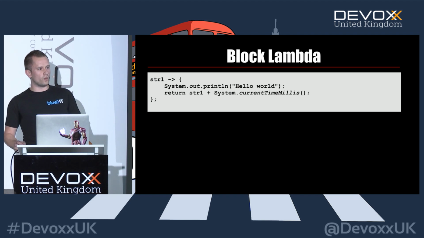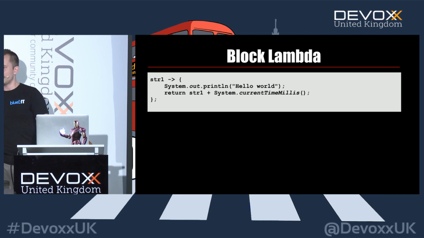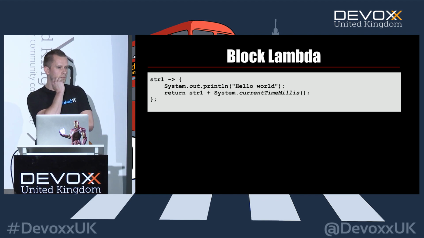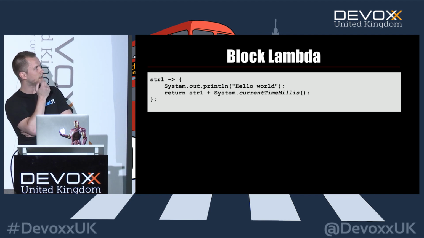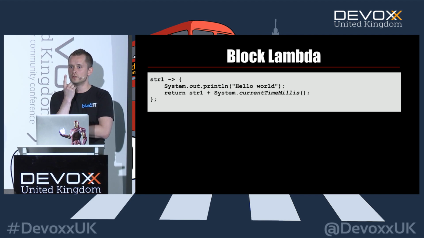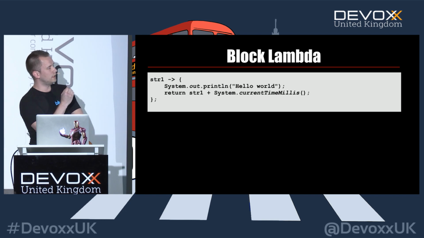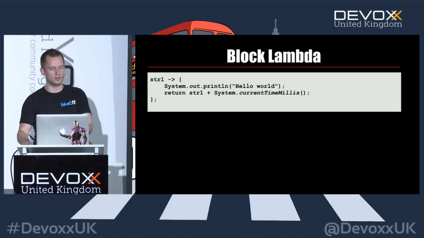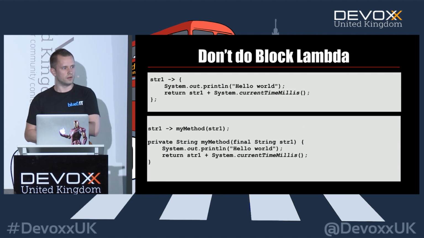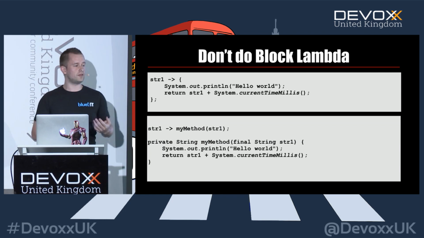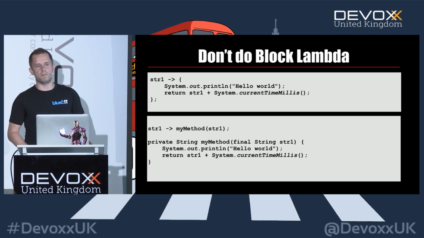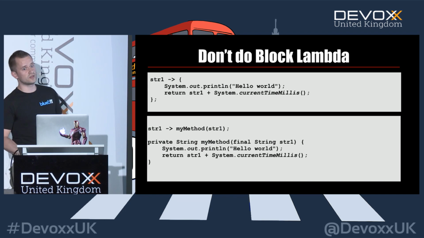If you're doing more than one line in a lambda, I would say you're doing too much. If you're writing 2 lines, you're doing 1 line too much. If you really need to do more than 1 line in a function, just create a method. By just creating a method, and please give it a better name than my method, of course.